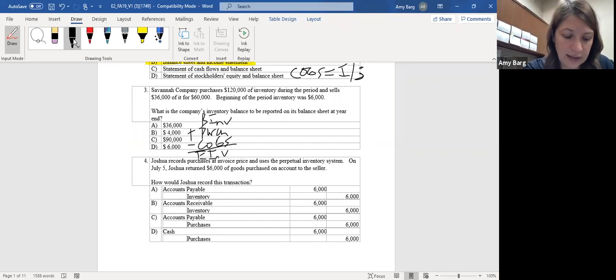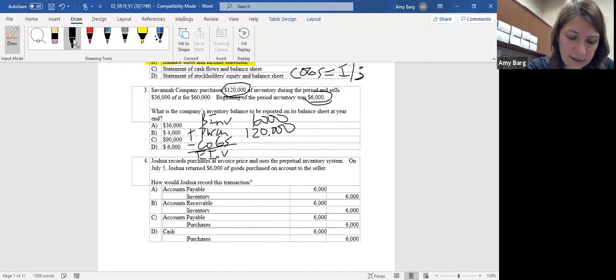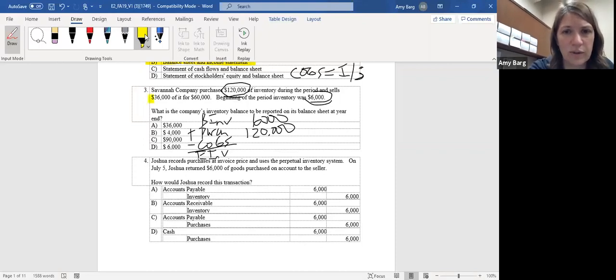So it tells you that beginning inventory was 6,000. It tells you that purchases were 120,000. And for the cost of goods sold, we don't care about that 60,000. It sells $36,000 worth of inventory.